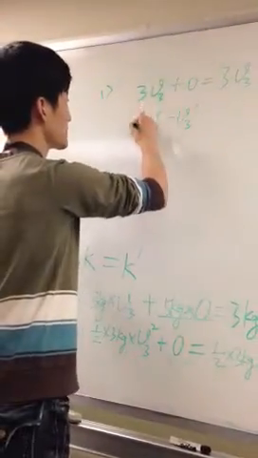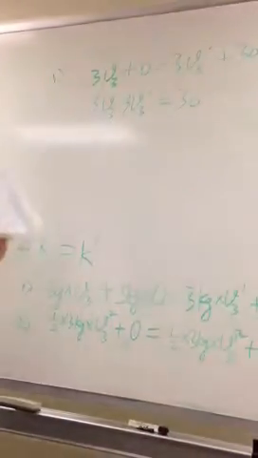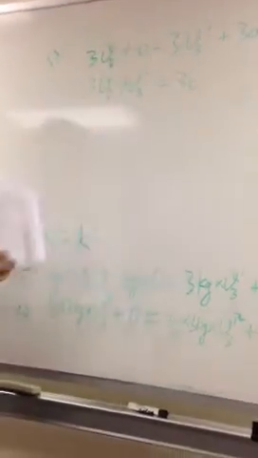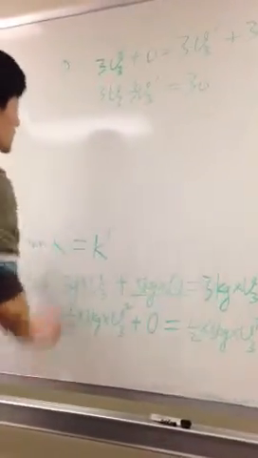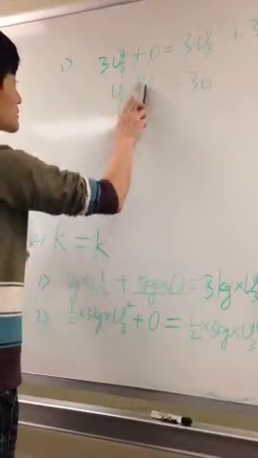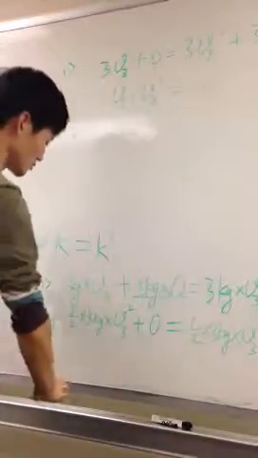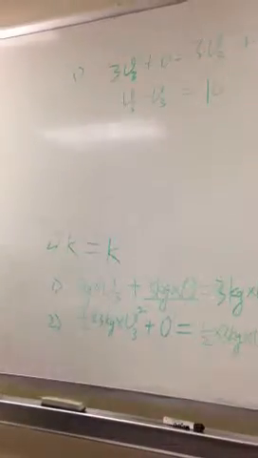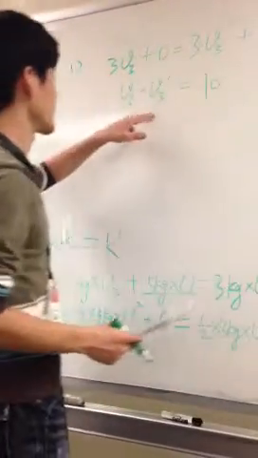Moving this to the left, 3 times the initial velocity minus 3 times the final velocity is equal to 30, and then we can divide everything by 3. The difference is equal to 10. From this, we can get this.